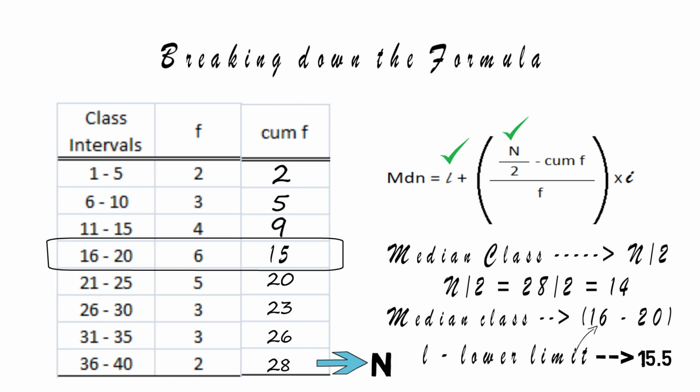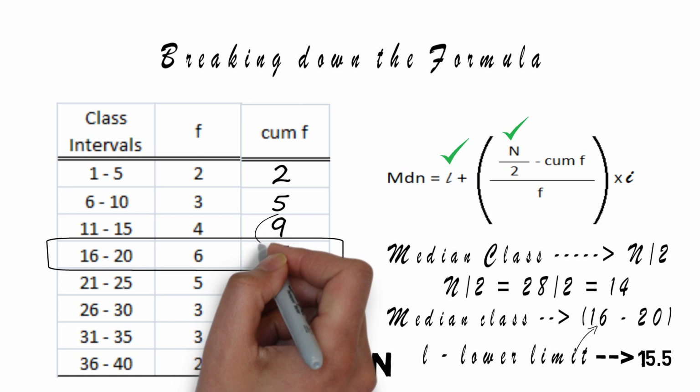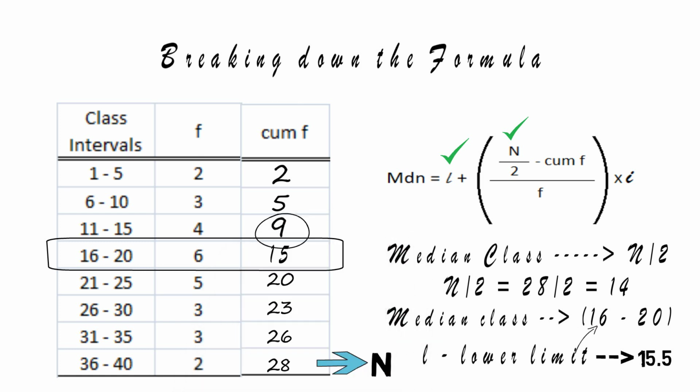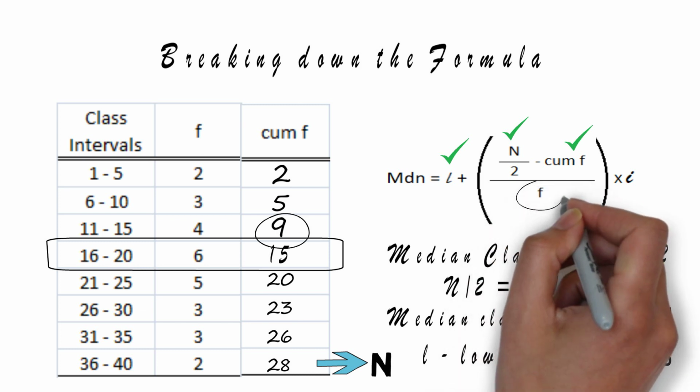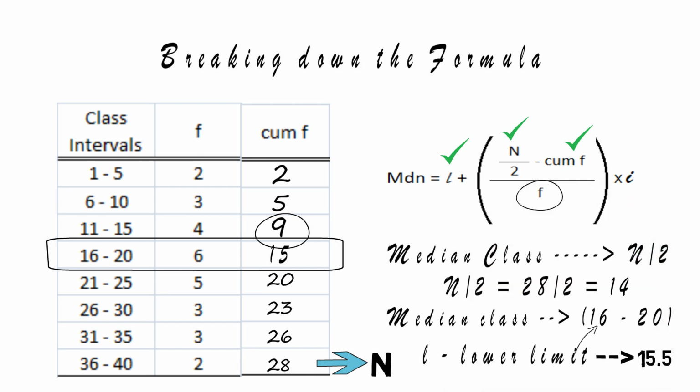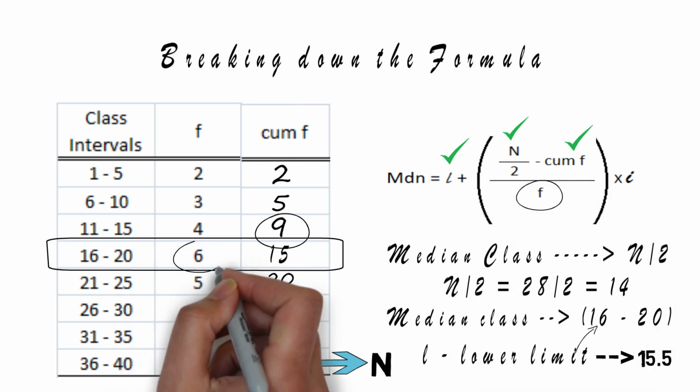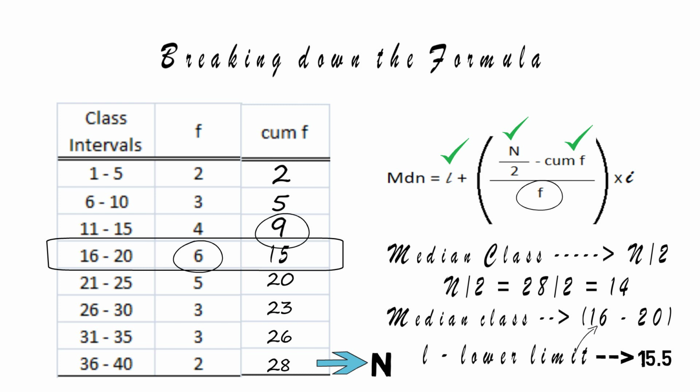Next, out of the list of cumulative frequency, for the calculation of median, we should consider cumulative frequency above the median class, which is 9 in this case. F here refers to frequency of the median class, which is equal to 6.